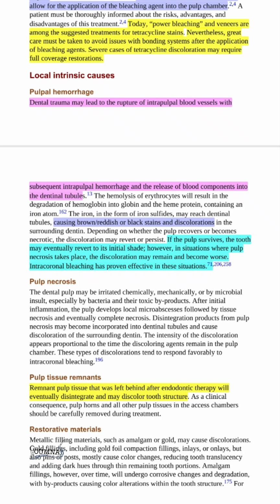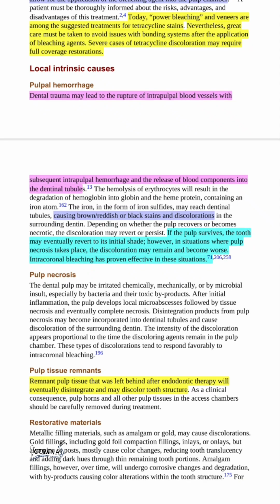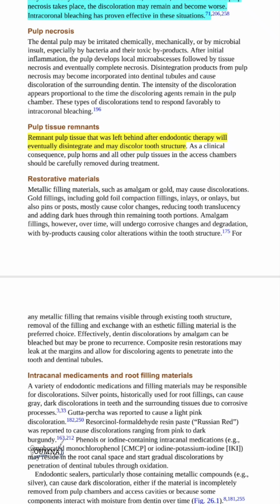If the pulp survives, the color returns to its initial shade, but if it becomes necrotic, the discoloration is maintained, and we should do the intracoronal bleaching, the walking bleach. We must make sure when we do the endodontic treatment that no pulp remnants are present.